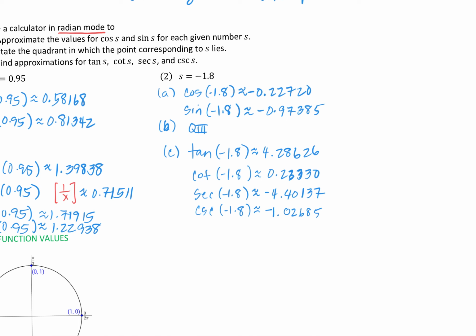I'll stop there. Okay, so let me think. I'm in quadrant 3. In quadrant 3, tangent and cotangent are the only positive trig functions, and when I plugged it in a calculator, I got that they're positive. All the others should be negative, and yes, they are all negative. So that tells me I'm probably correct.